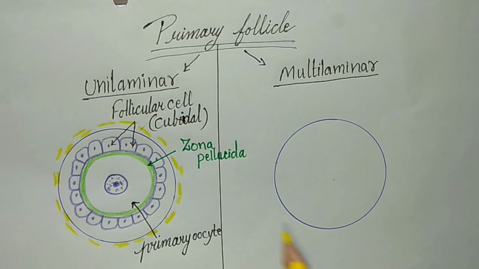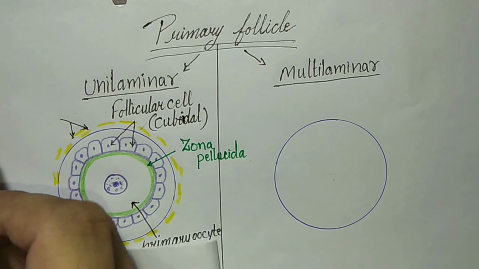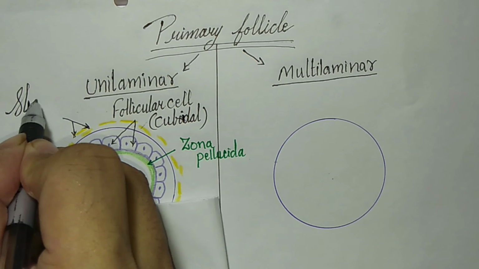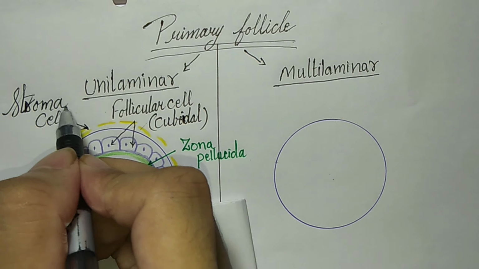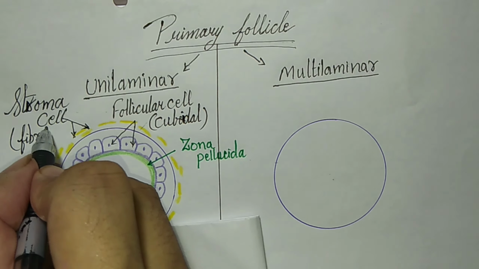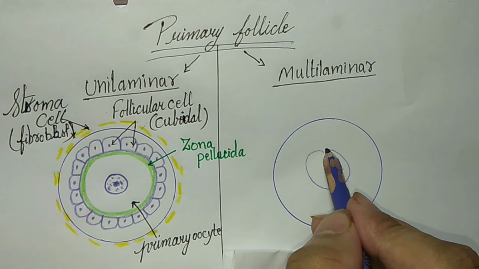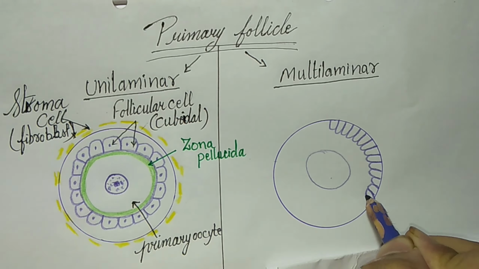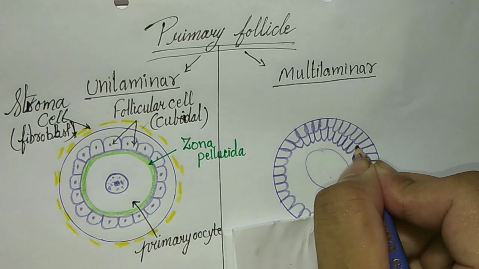And around the basement membrane, the stroma cell is present, which is fibroblast, stroma cell.